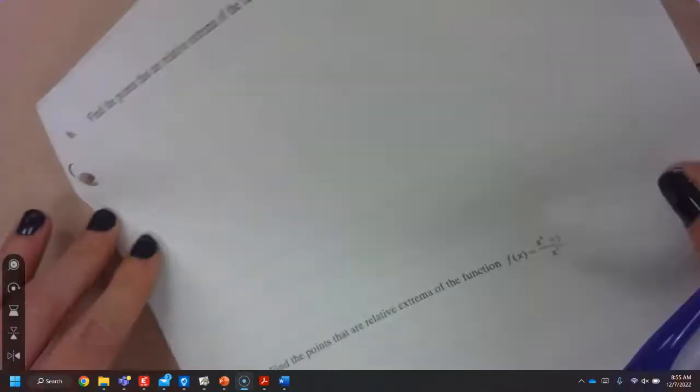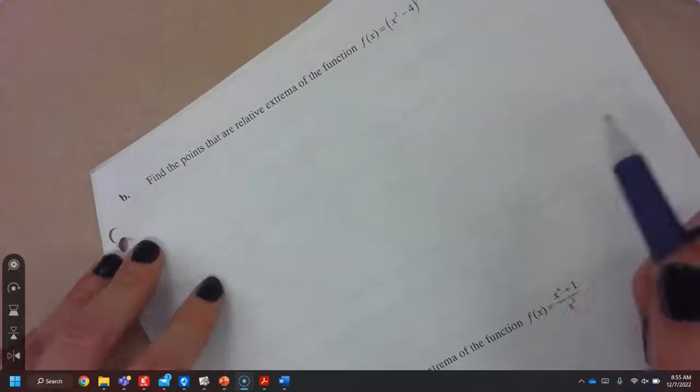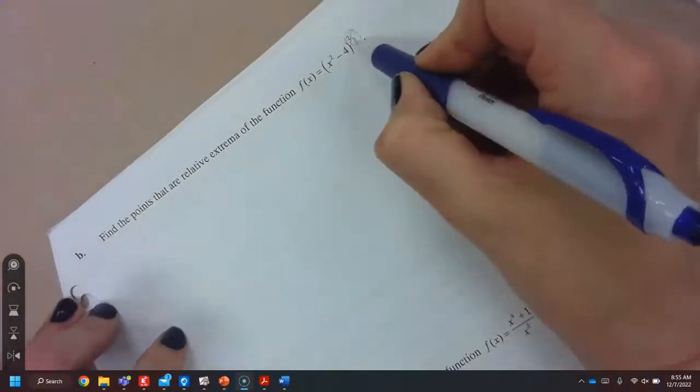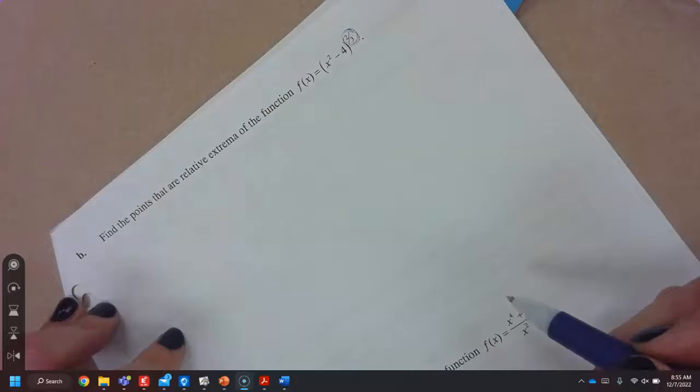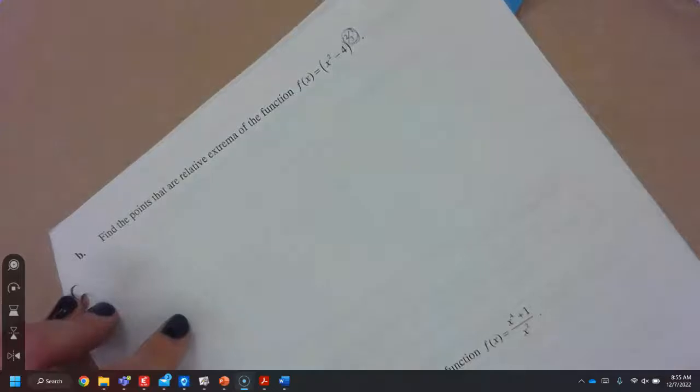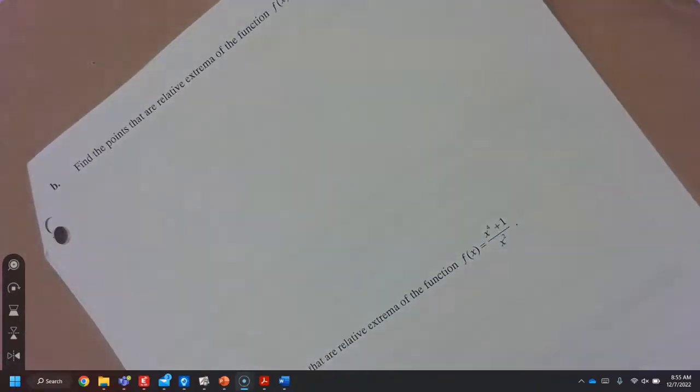Okay, B, find the points of the relative extrema of the function. So right away in my head, I'm thinking about the fact that that's to the 2/3 power, which means that I'm going to have a cusp. The cusp is going to occur somewhere on my graph, and we'll learn that it's going to occur when the derivative does not exist.